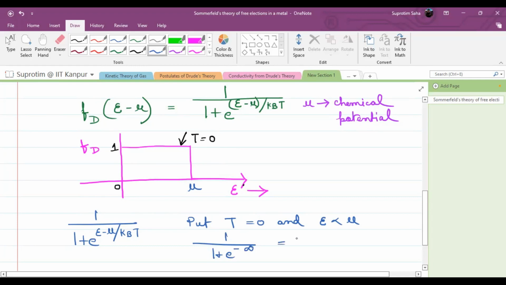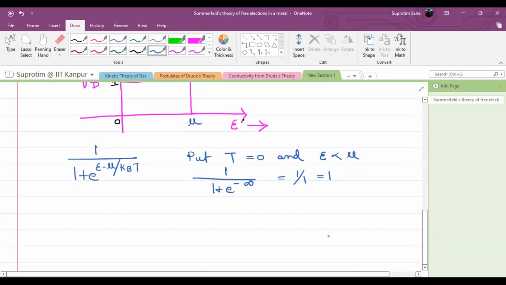So this will be 1 over 1, which is 1. All right. Put t equals 0 and epsilon is greater than mu. This implies in that case this will be 1 plus e raised to infinity.